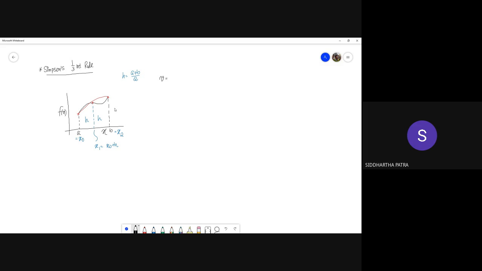Number two, why are we trying to go with a parabola for which we'll have to do an integration? We could have stuck to the rectangular method, or even the trapezoidal rule, which could have given us more accuracy if we had taken smaller and smaller segments, which is true.